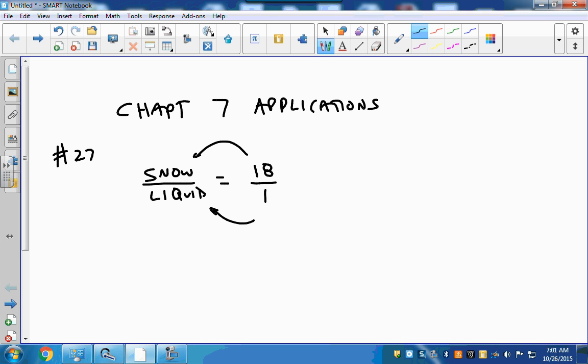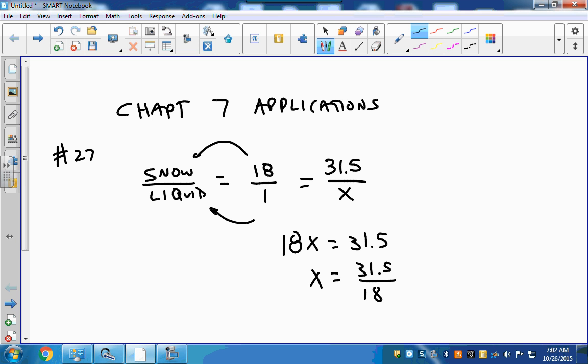Using this ratio, how much liquid precipitation, we don't know the liquid, so put the X there, will produce 31.5 inches of snow. Okay, so a simple proportion. Go ahead and cross multiply there. So 18x is equal to 31.5. Now divide 31.5 divided by 18. And then you can jump on a calculator if you like.